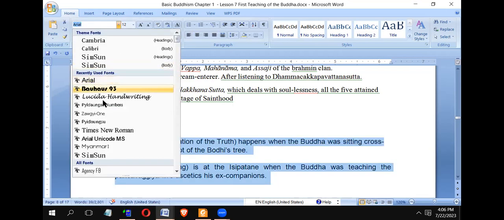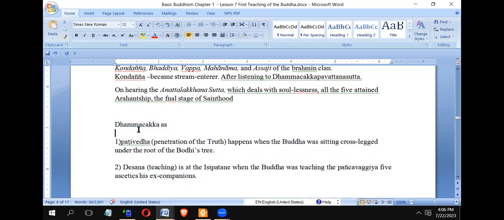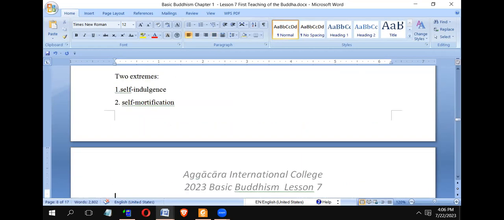I think it was supposed to be dependent origination, but I can't remember. Anyway, for the standard one, all these are commentary, because the commentary gives us extra information. So Dhammacakka happened once when the Buddha attained enlightenment, and once when the Buddha was teaching. So these two only.